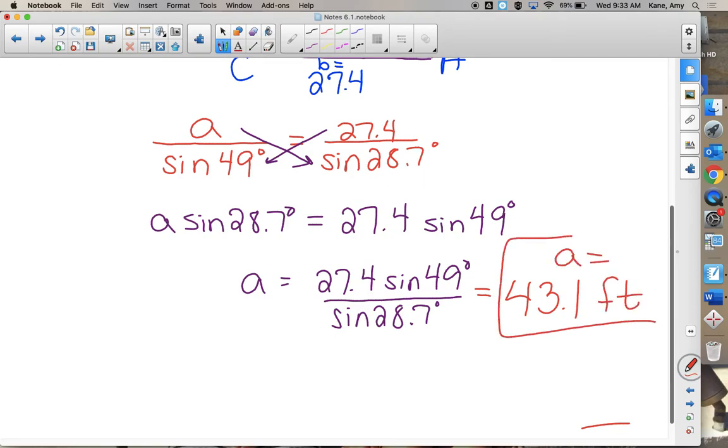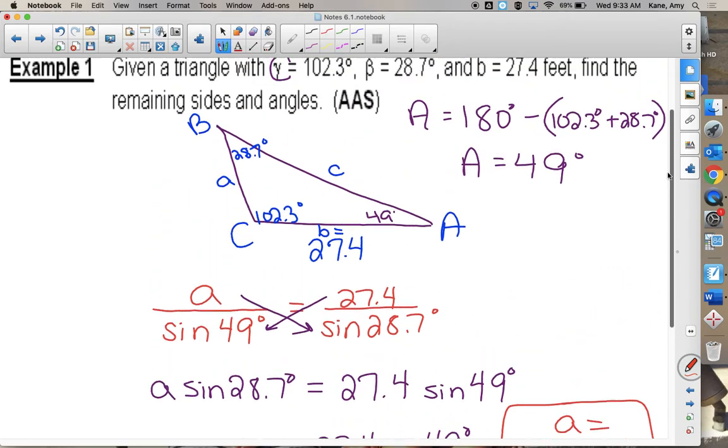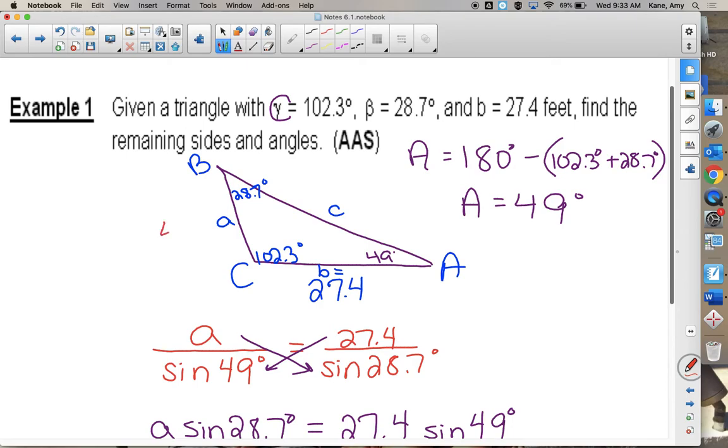So that would be side A. 43.1. Did anybody not get that? Make sure your calculator's in degrees, not radians. So that is side A. If we go up here, 43.1.